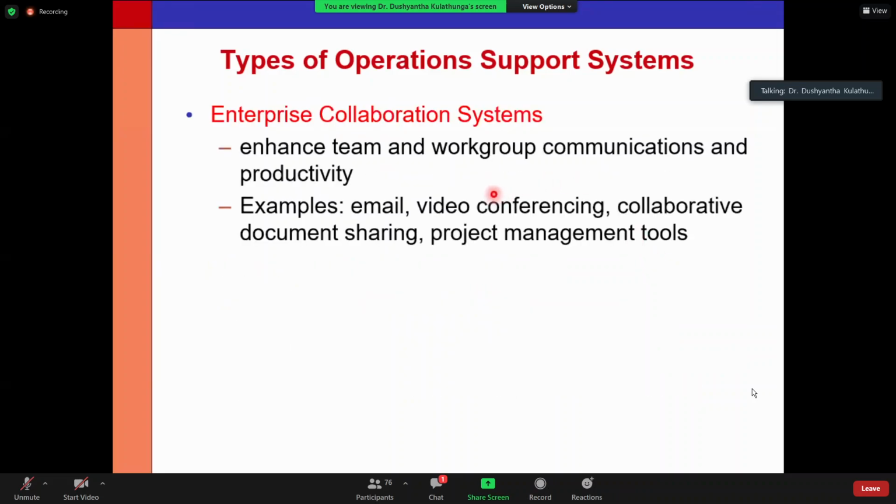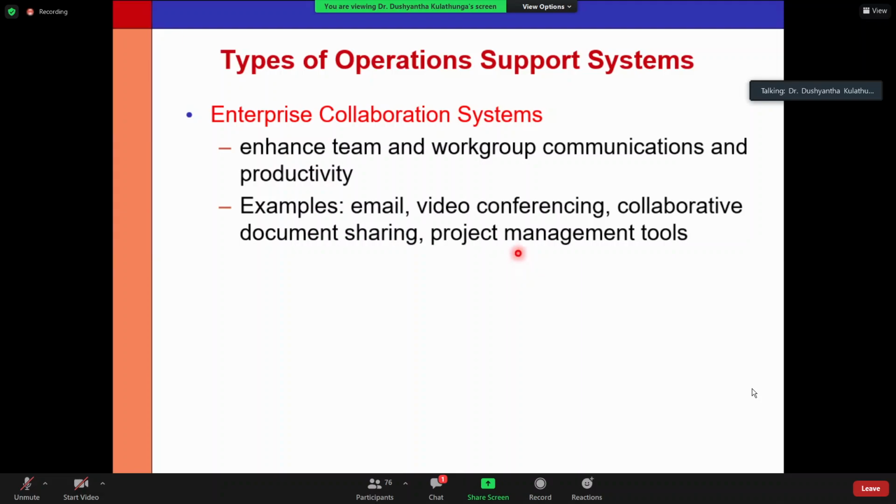Is there any question regarding the particular three categories, types of operation support systems before moving to the management support systems? Email applications, conferencing applications, Microsoft Office, those are included in this category.